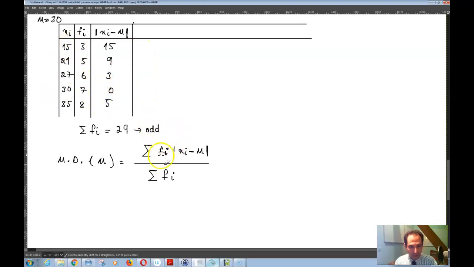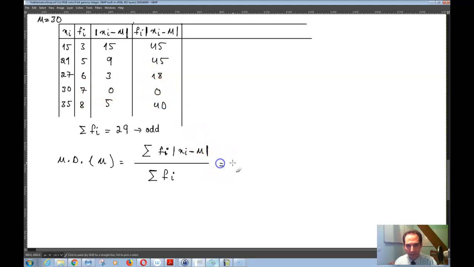And then you can calculate f of i times the same thing, x of i minus m, and then you would get 5 times 9 is equal to 45, 6 times 3 is equal to 18. This is 0 and this is 40.